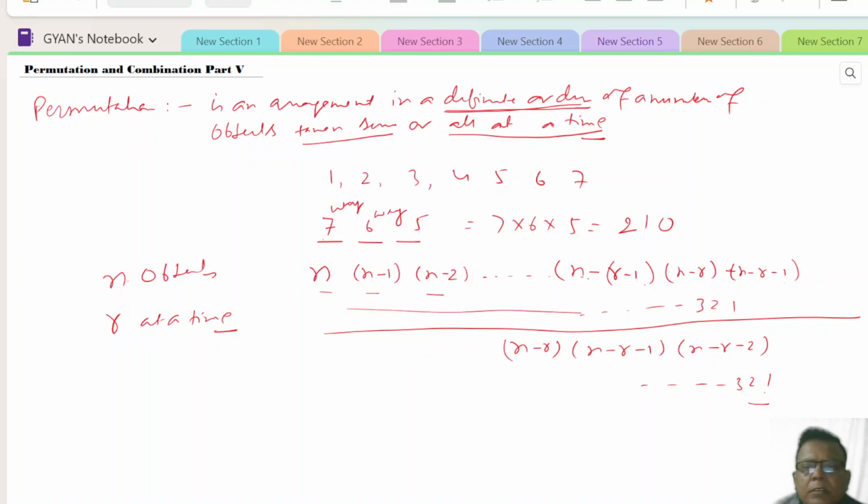So this all will be factorial n, divided by factorial n minus r. This is called permutation, nPr, n objects taken r at a time.